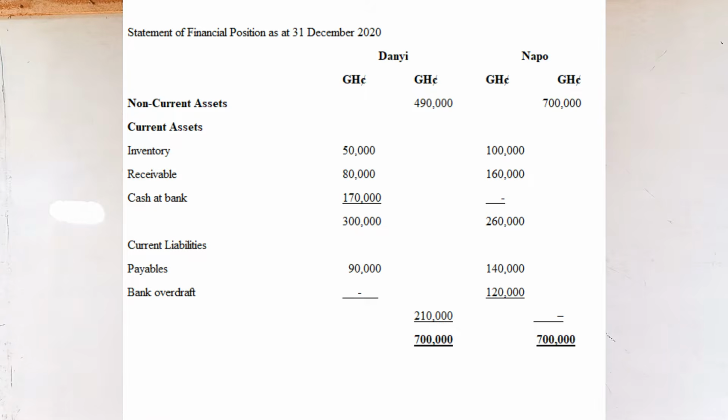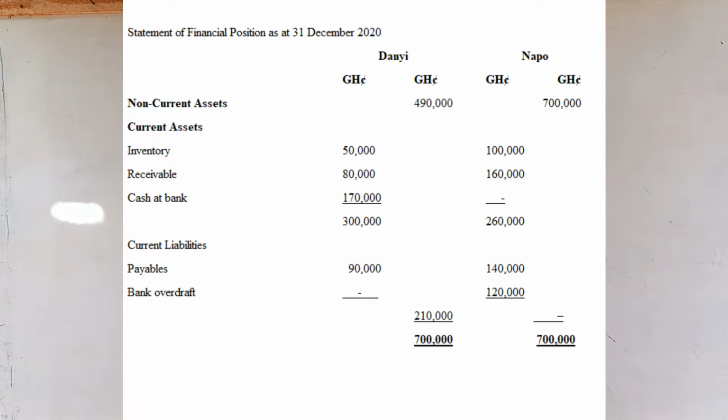We move to current liabilities. Danyi payables are 90,000 and 140,000 for Napo, and then we have a bank overdraft for Napo, meaning that the bank balance of Napo has run into overdraft, giving us a total capital employed of 700,000 each.